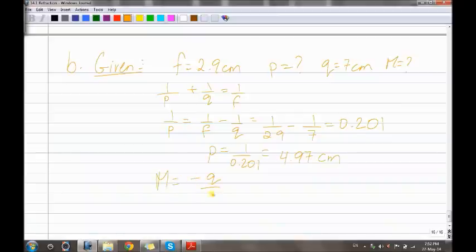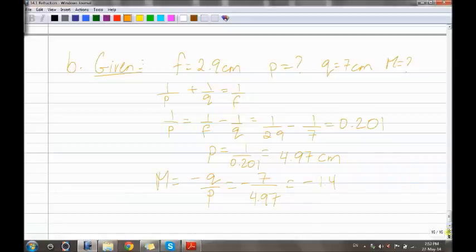So negative Q over P. So negative Q, which is -7. So here we don't have a negative, so it's not going to cancel each other. And then we have the P, which is 4.97. So the answer would be -1.4. So that's the magnification.